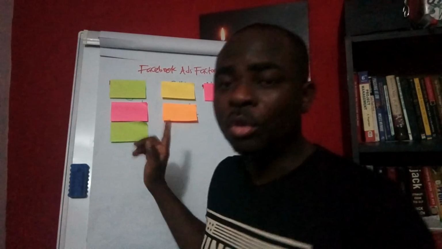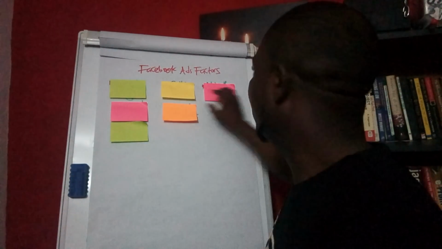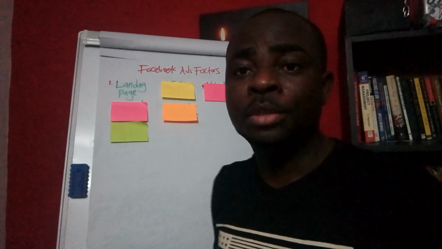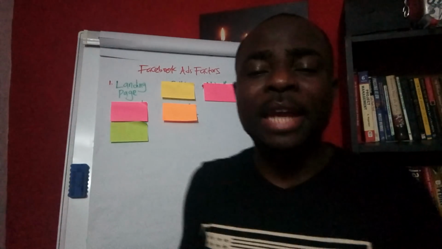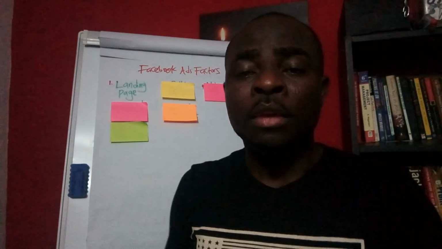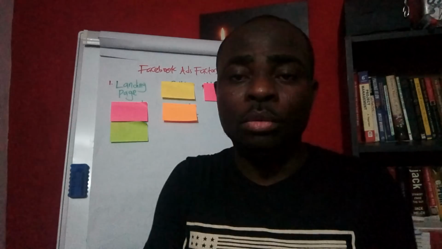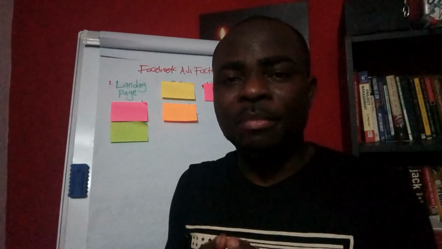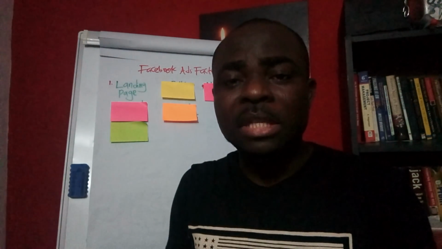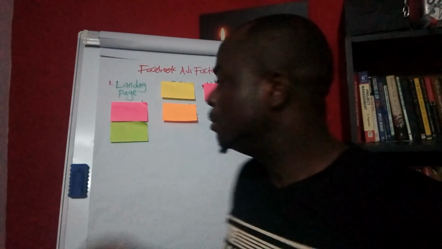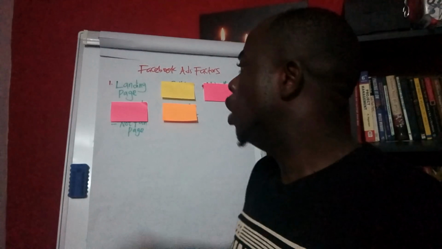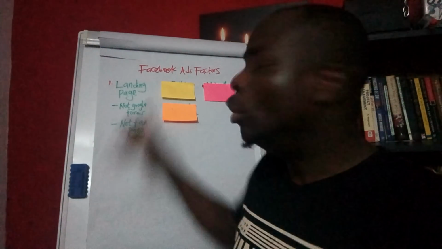So the first thing you have to consider before running an advert is a landing page. Now, what does that mean? It means that you need to have a page that you have decided for your adverts to be directed to. Now, many people make a lot of mistakes. They make the big mistake of directing traffic to their Facebook fan page or to Google Forms.